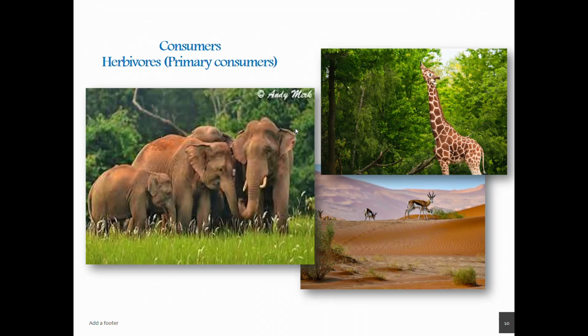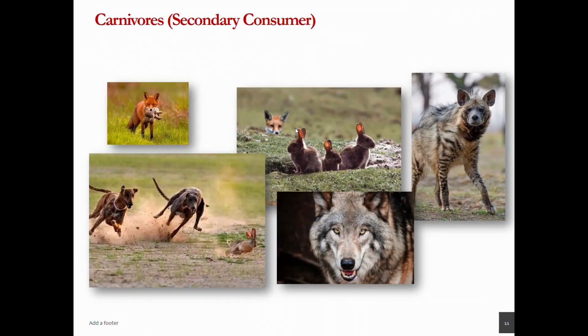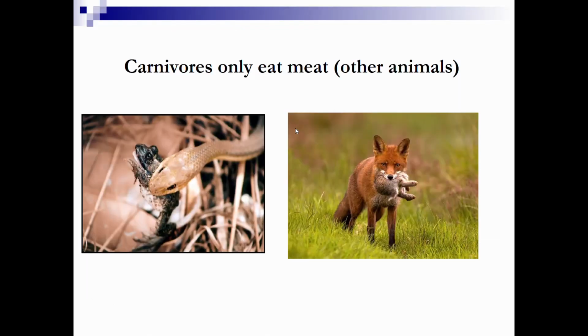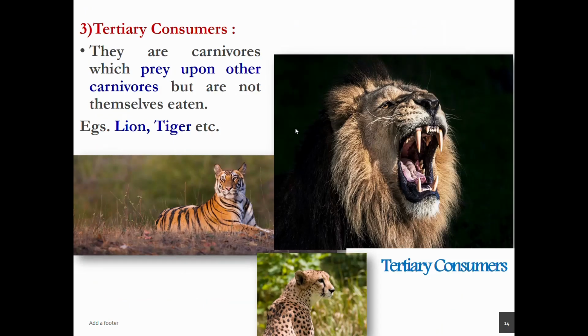Here we can see the herbivores: elephant, giraffe, deer, all such animals come under the category of herbivores. Then secondary consumers are meat eaters, and carnivores only eat meat. Next, tertiary consumers are carnivores which prey upon other carnivores, so they eat other carnivores, for example lion and tiger.